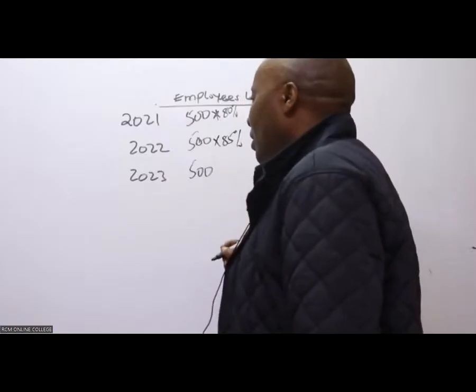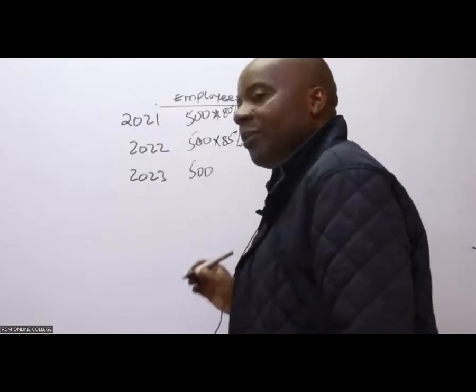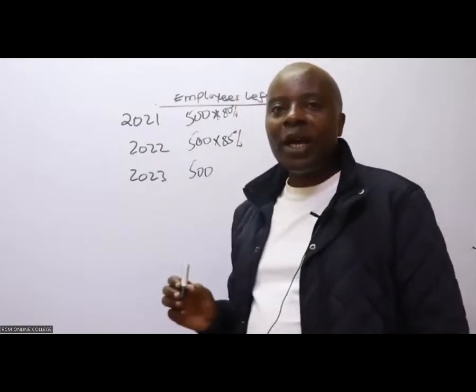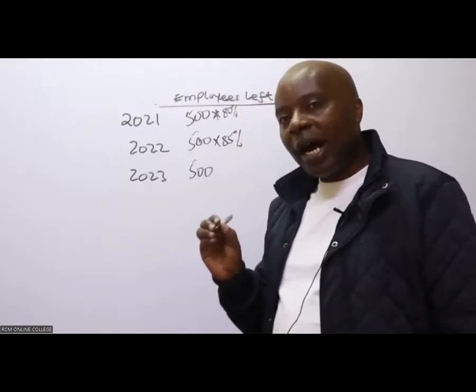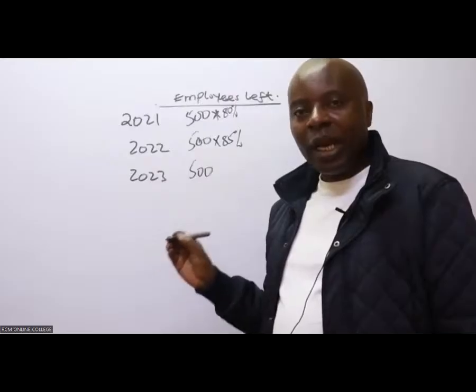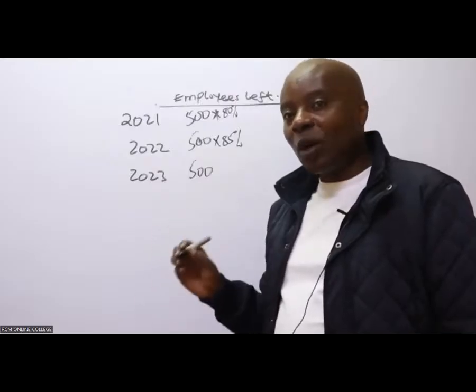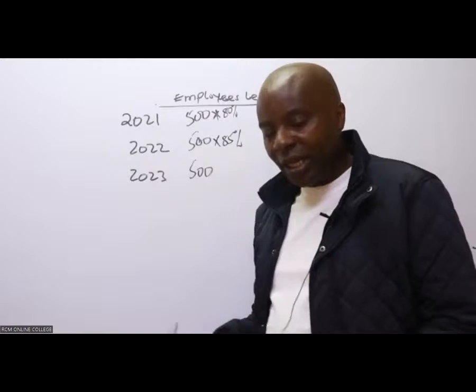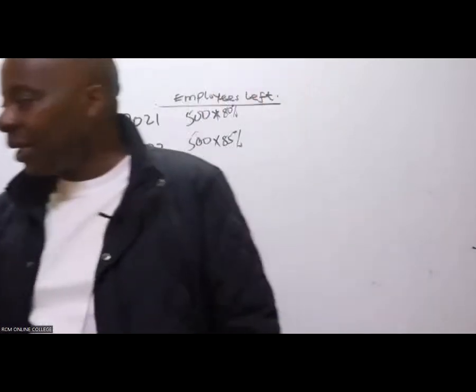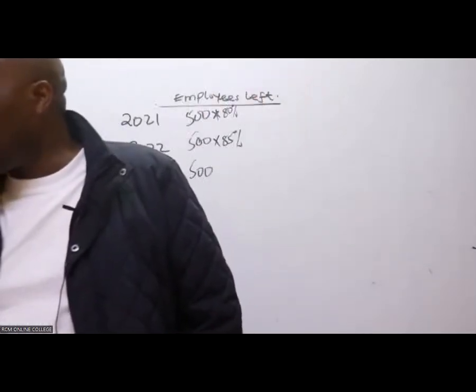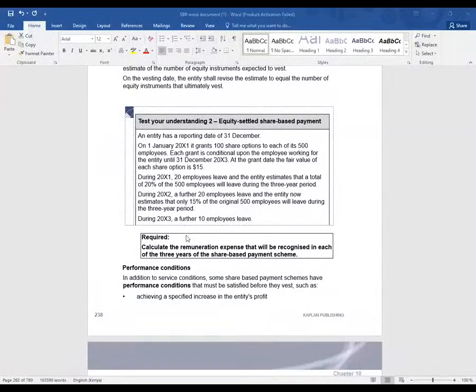Then we go to the last year. The last year is so special to me because I know the last year is where I adjust the actuals. In the last year we work with actuals, we don't work with estimates, because now we have the figures. Now, ladies and gentlemen, please listen here. The last year, what have they told us? During 2023, a further 10 employees leave.